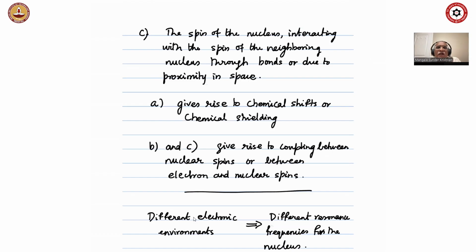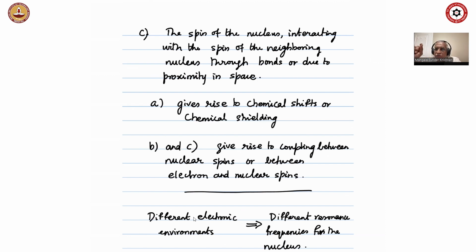And the third is that the spin of the nucleus itself interacts with the spin of the neighboring nucleus, through bonds or through proximity in space. So you can see that with a carbon-carbon bond, if you have a C13 nucleus, it is a spin a half nucleus.